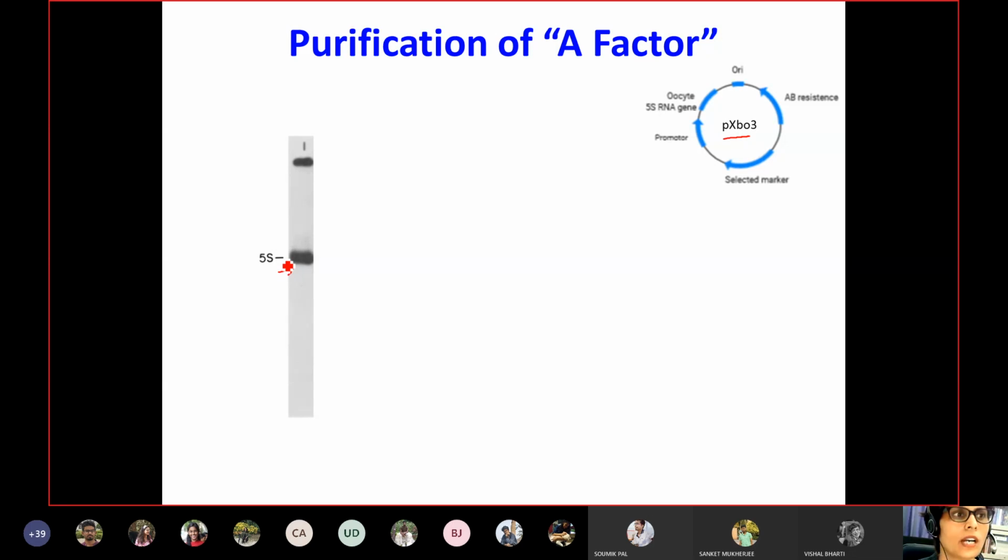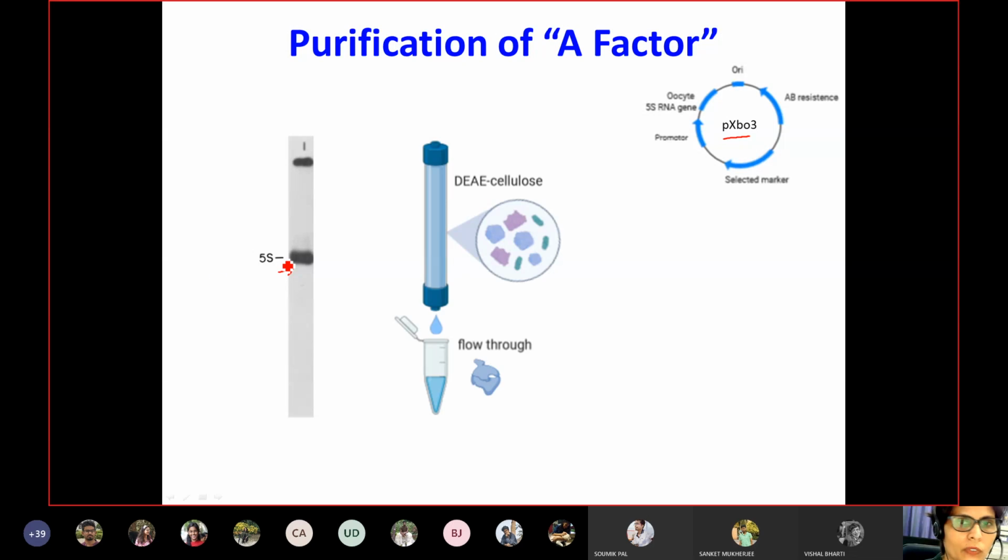So this was good, but then the crude extract was fractionated over a DEAE cellulose column, and then you have the flow through. From this flow through, you take out 24 microliters, and then you add a very small amount, 0.1 microgram, of your RNA polymerase.